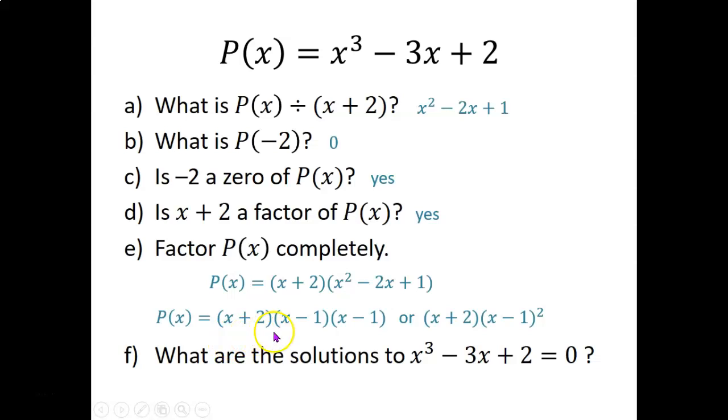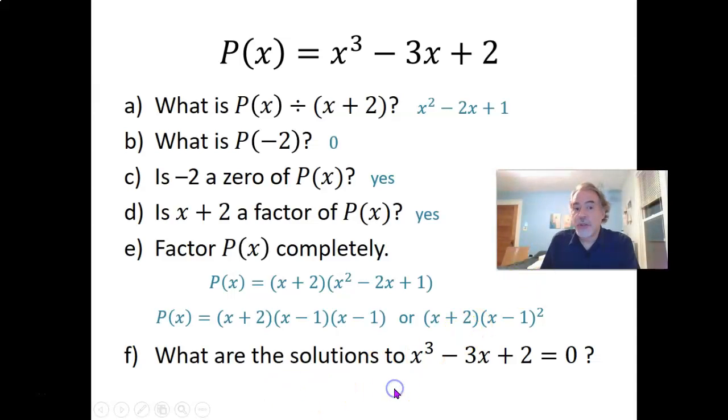When is x plus 2 times x minus 1 times x minus 1 equal to 0? Well, that would be when x plus 2 equals 0, which is when x is negative 2, or when x minus 1 equals 0, which is when x is 1, or, redundantly enough, when x minus 1 equals 0, which is when x equals 1.